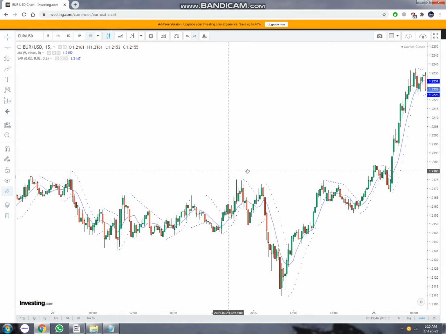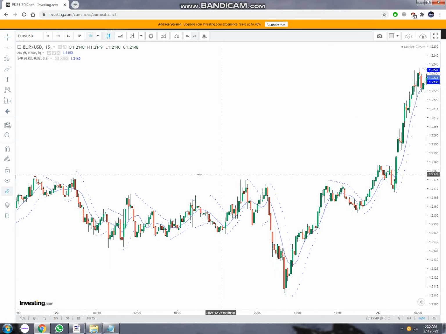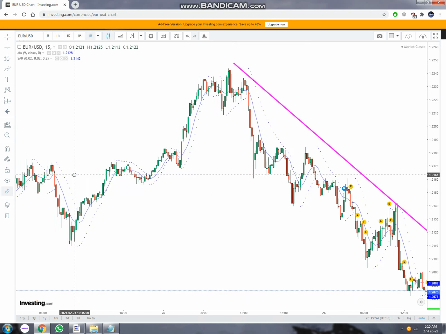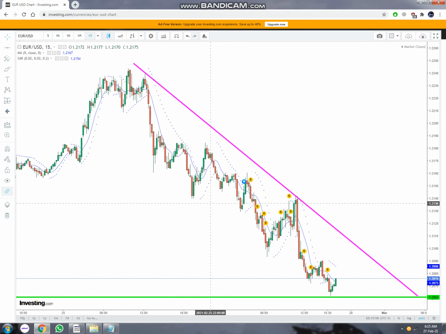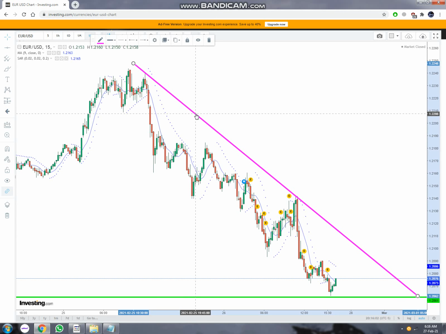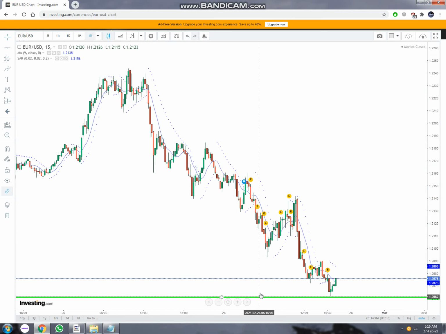Now let's see in the history. You can see all of it is the same. There is nothing new in this. Besides that, the support and resistance levels, all of the indicators, all of the things are the same.